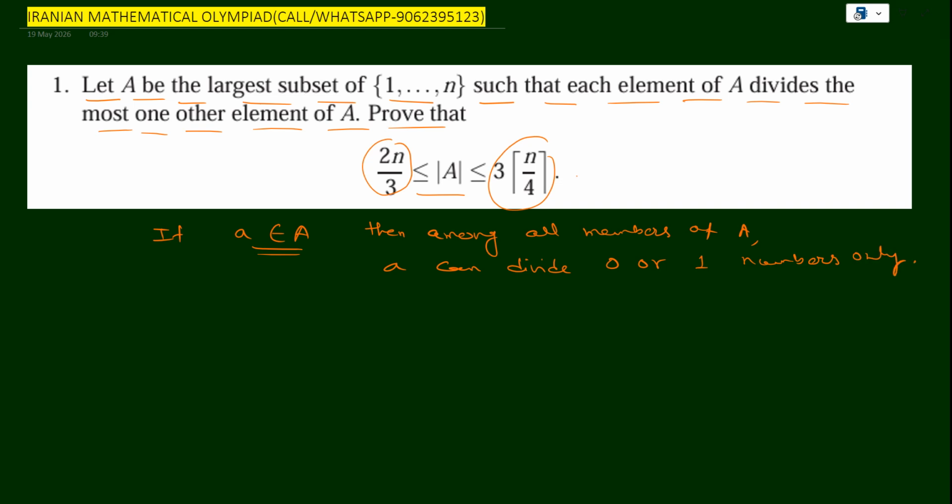Not 2, not 3. So this is like a strict friendship rule. You may have only one divisibility child.